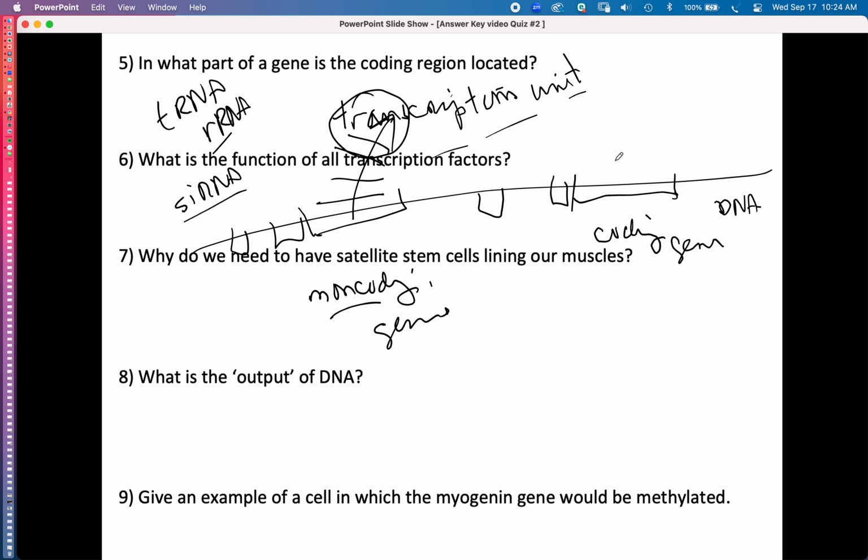Coding genes code for proteins. Their output is also RNA. RNA appears to be the only output from any DNA on life on Earth, and it's called mRNA, for messenger RNA. It's going to bring a message to the protein to guide synthesis of that specific protein. Coding genes have a coding region that's part of the transcription unit.